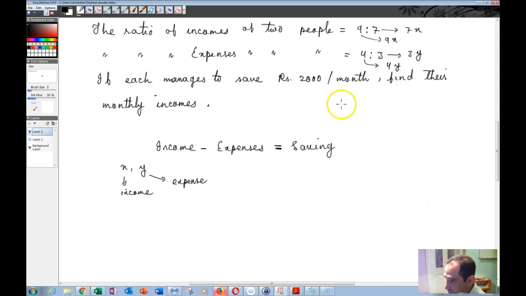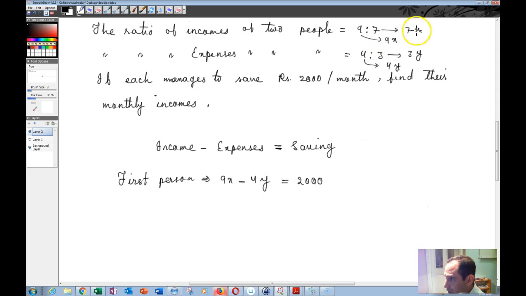So for the first person, his income is 9x, his expenses are 4y, and income minus expense is equal to the saving. Each of them manages to save 2,000 rupees per month, so that's equal to 2,000.